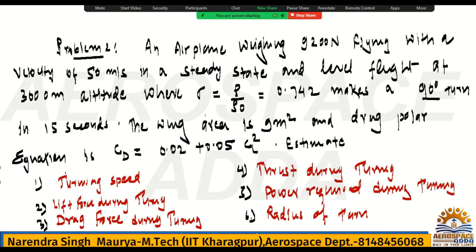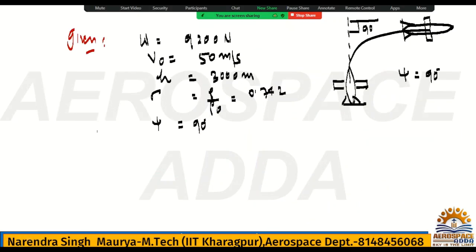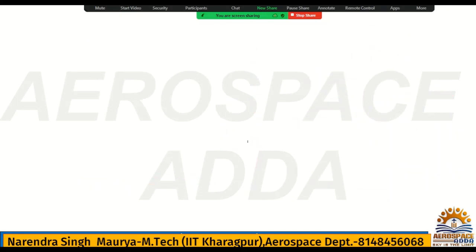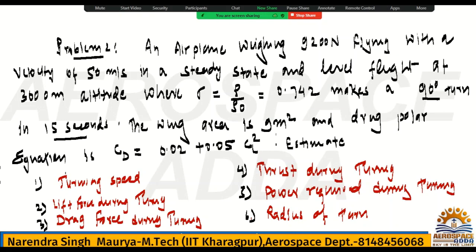Then we'll check the note. 90-degree turn in 15 second, means turning time they have given to us, which is nothing but a small t. A small t is given how much? 15 second. Means what is that? It is the turning time. The next is the wing area, what? 9 meter square.